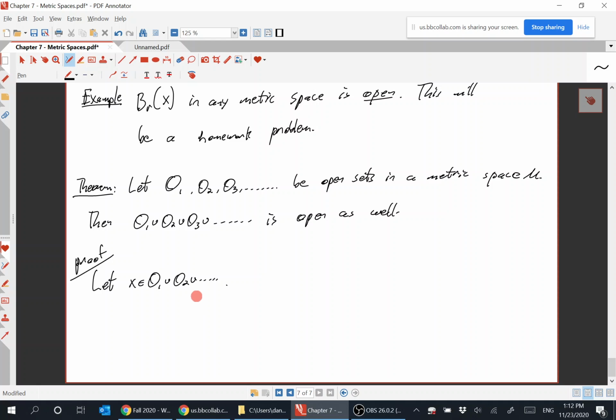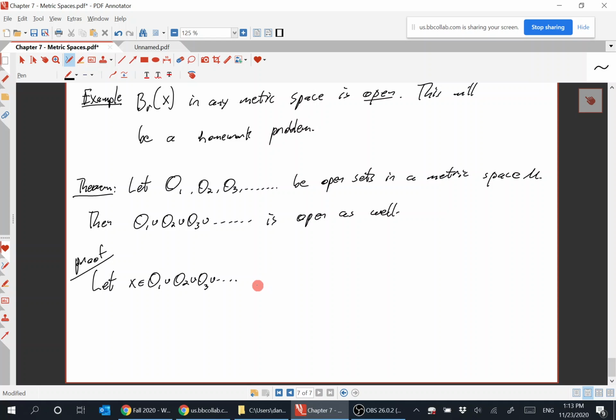So let x be in the union of those open sets O1, O2, O3, and so forth. What does that mean? What does it mean for x to be in the union of all these things? It's in at least one of those.